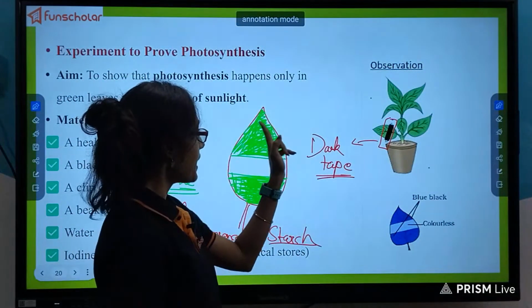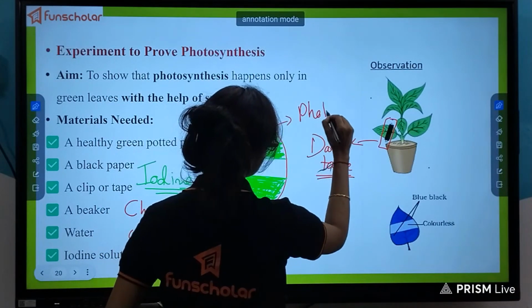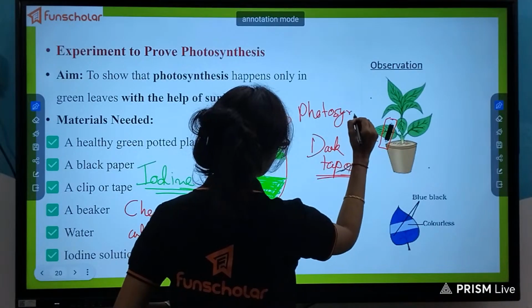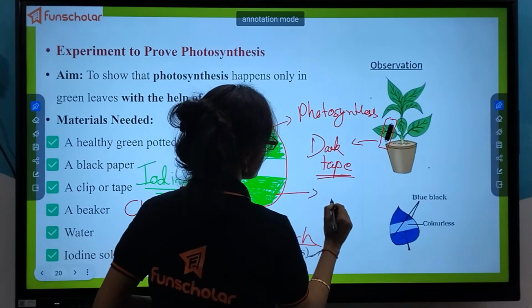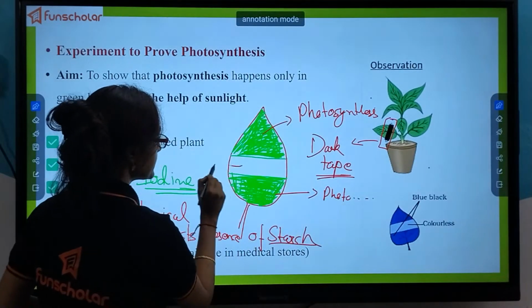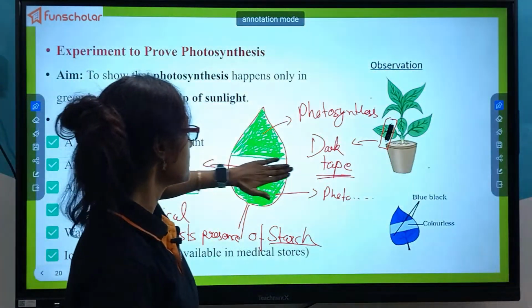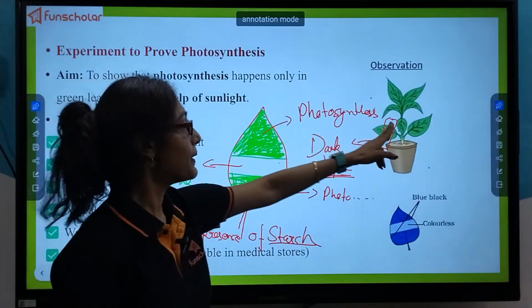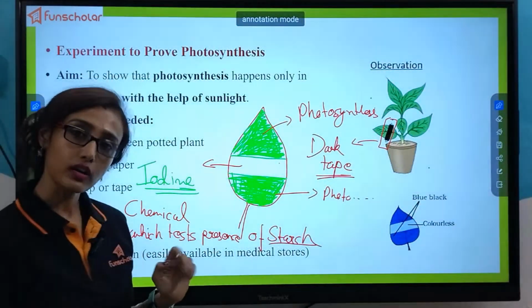Now, this part is making photosynthesis. This part is also. But do you think this part could? No, it cannot. Why? Because it was being hidden by the black tape. So, no photosynthesis occurred here.